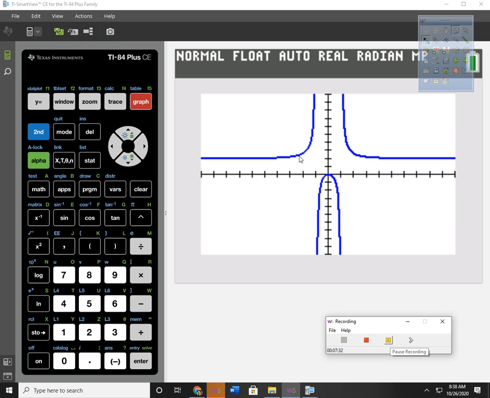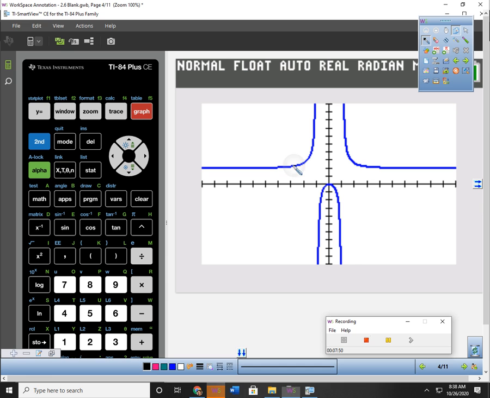If you look right here, do you see how this is going up, and this is coming down and approaching that? That means there's an asymptote right there at negative 1. You also have another one right here at positive 1. And then you have a horizontal asymptote at 2.